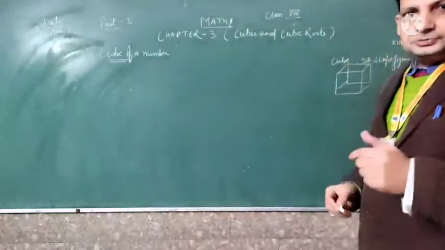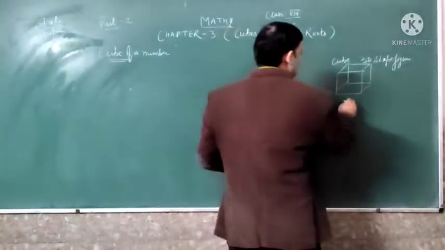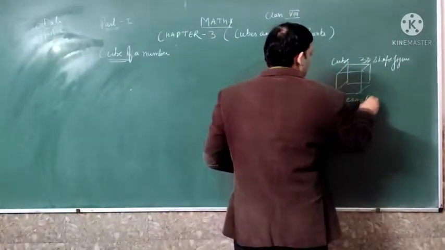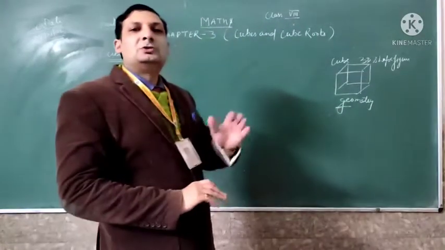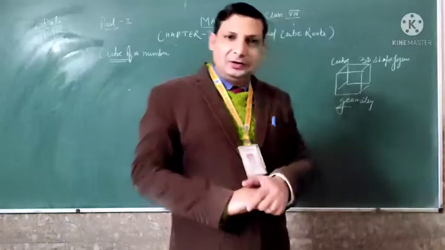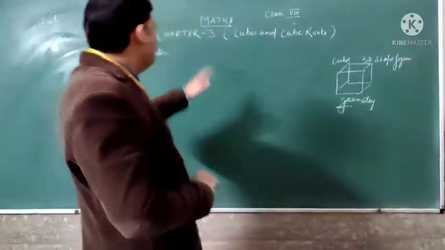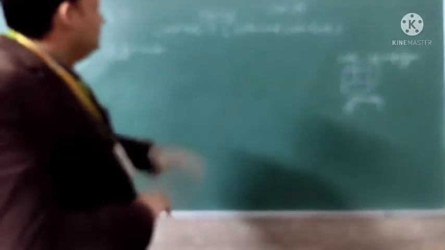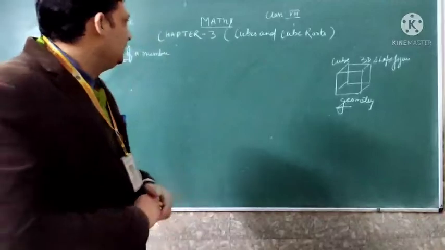So students, you first heard cube in geometry. This you have studied in geometry. So what was a cube? Cube was a three-dimensional figure having all sides equal. But here in class 8, the topic we are taking, cubes and cube roots, is totally different from geometry.